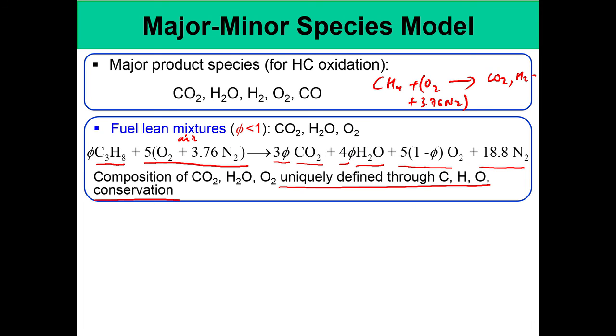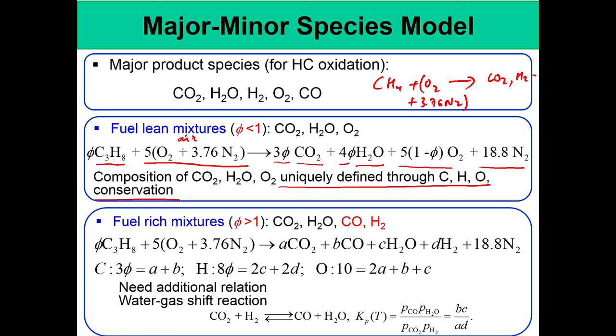The problem arises when you have rich mixtures, or in some cases when you actually include more species in your equilibrium products. Of course, these are not the only species that are produced at equilibrium in a combustion reaction.